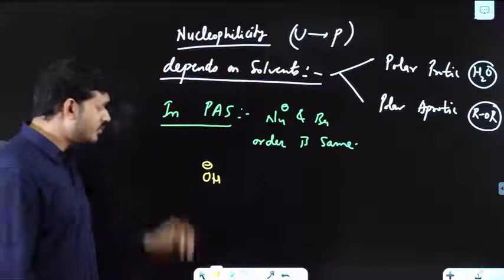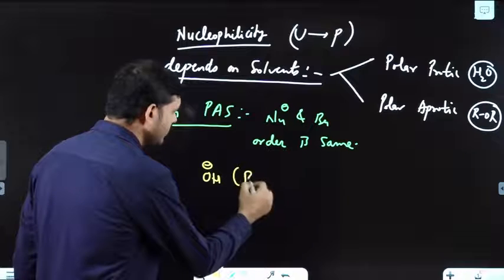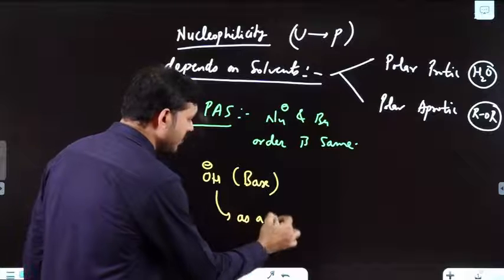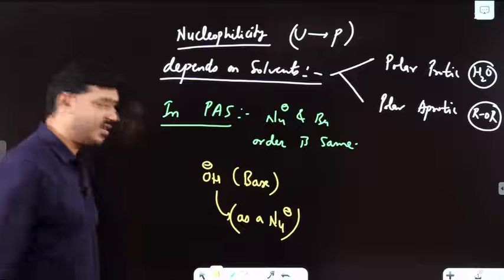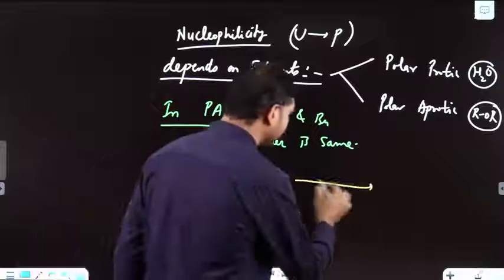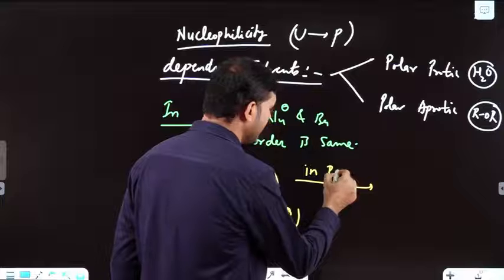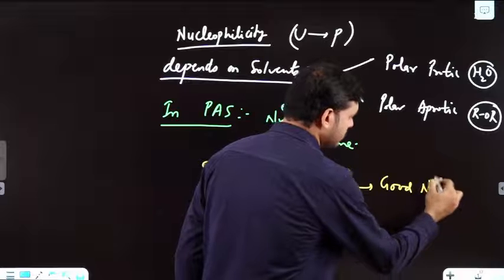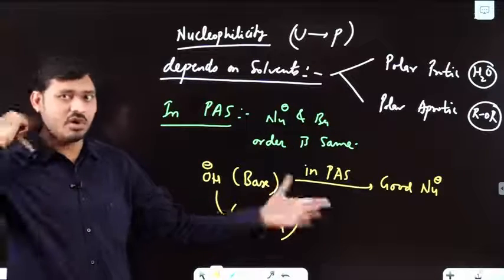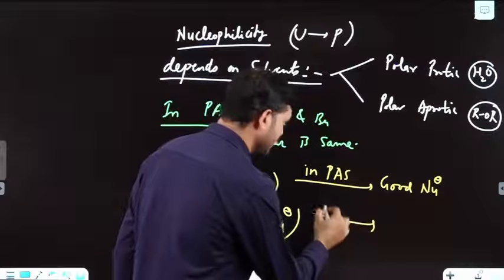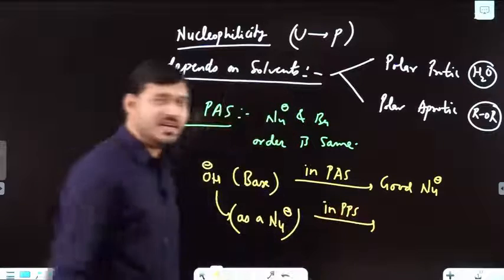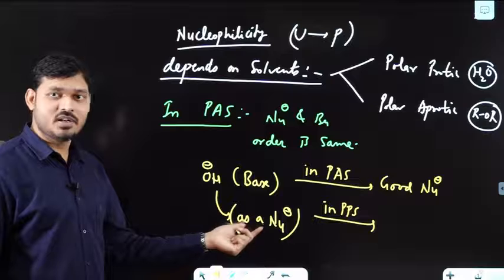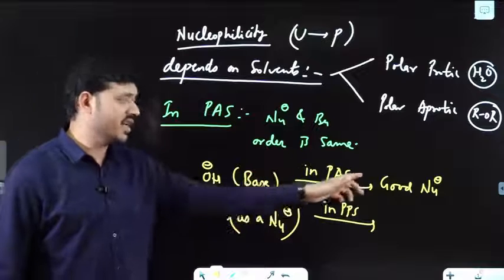Now OH minus as a base, as a nucleophile, if I say, in polar aprotic solvent, it is a good nucleophile. Here I am talking about OH minus as a nucleophile.